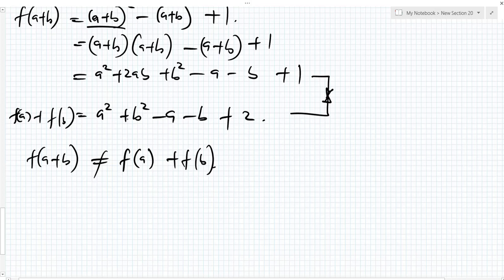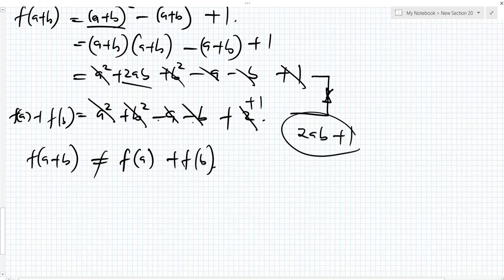Because if you want to cancel out, this will cancel out this, minus a will cancel out minus a, minus b will cancel out minus b. 1 will cancel only one here, you are still left with plus 1 here. You are left with this. So the difference is 2ab plus 1, so it's not the same.